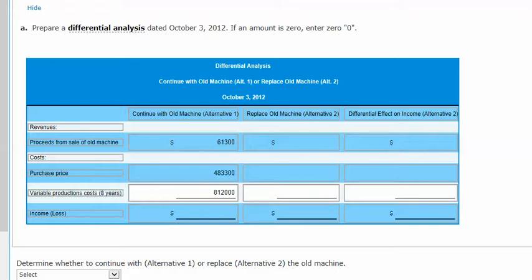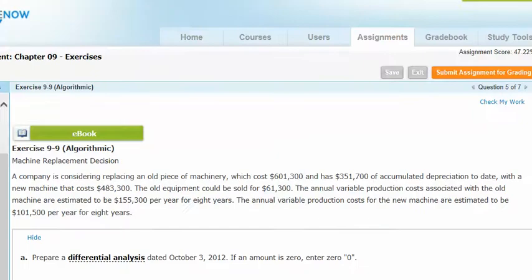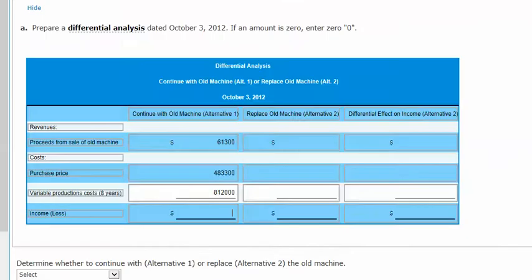And we can see now that the proceeds from the sale of the machine, the purchase of the new one, the variable costs for the 8 years, we would have. Does it give us our revenues? No, it doesn't. Okay. So as far as production, never mind. So if we take the $61,300 under the replacement of the old machine, oh, I'm sorry, I've got that in the wrong column.